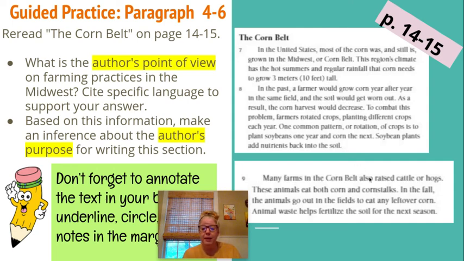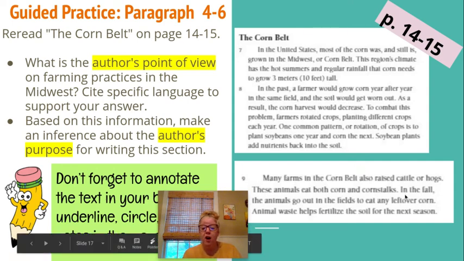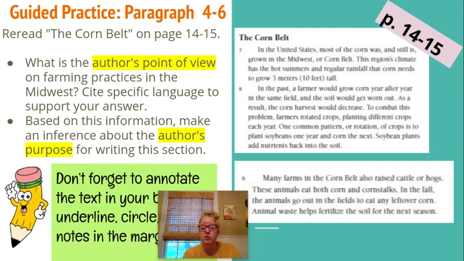Another sentence that I might underline is, "In the fall, the animals go out in the fields to eat any leftover corn. Animal waste helps to fertilize the soil for the next season." So by putting the animals in the cornfields right after the corn harvest is done, they can eat any leftover corn and the corn stalks, and then the animal waste will help to fertilize the soil in that field for the next growing season.